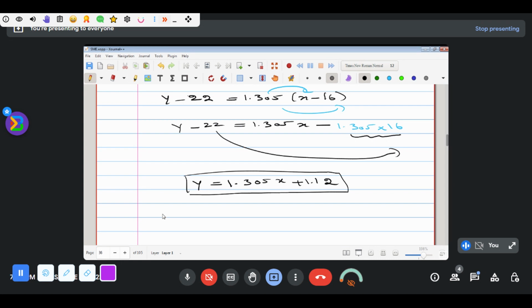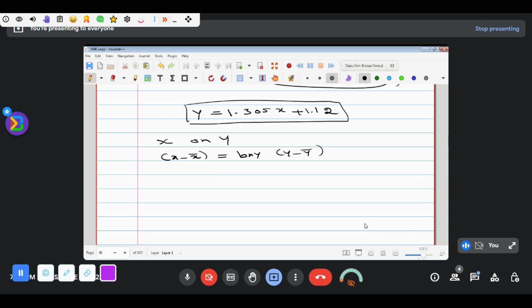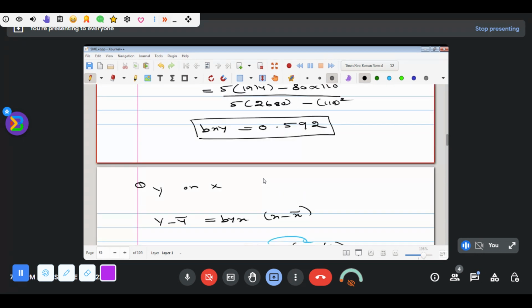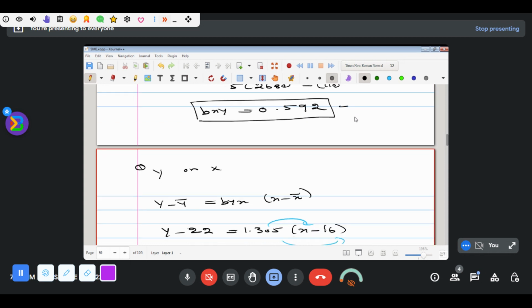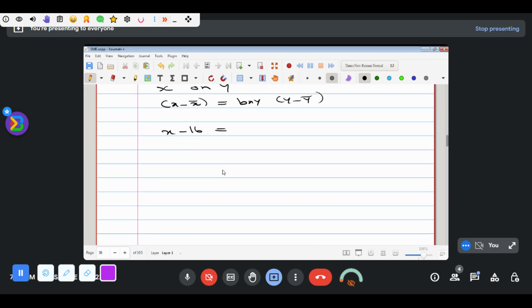Similarly, we can find x on y. What is the line equation? X on y: you know the equation x minus x bar equals bxy into y minus y bar. So x minus x bar, already done in the previous work, is 16, equal to the bxy result, 0.592, into y minus y bar.